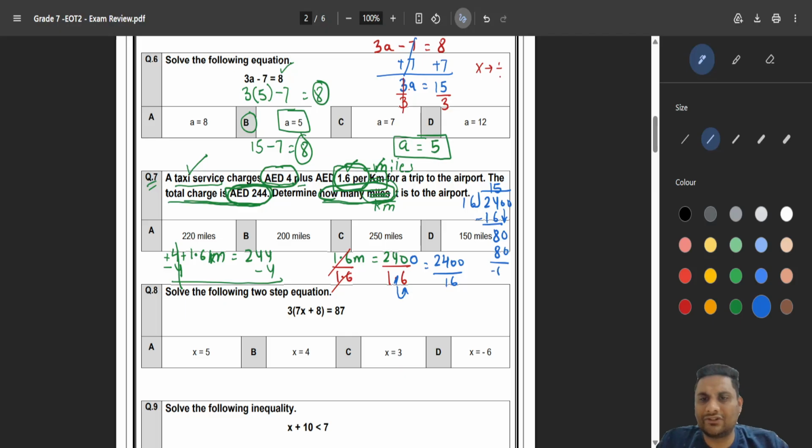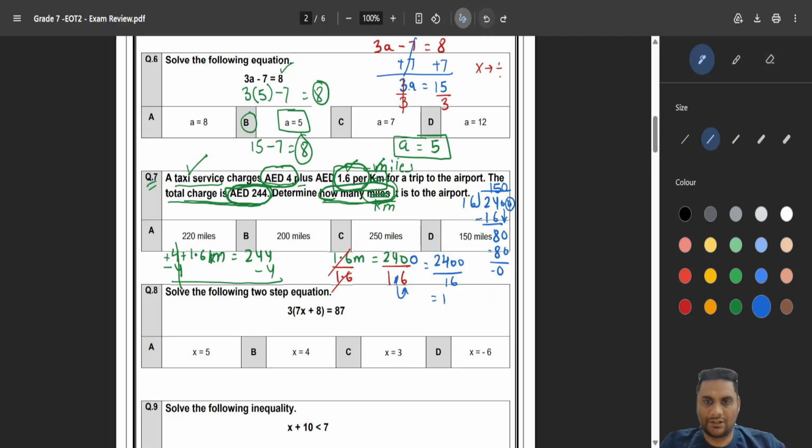I will do minus, I will get 0, right? For the extra 0 here, you can just put an extra 0 in the answer. And it will become how much? 150. So for how many miles did my taxi traveled? 150 miles. And where is 150 miles? Here, option number D. Okay, so this is your answer.